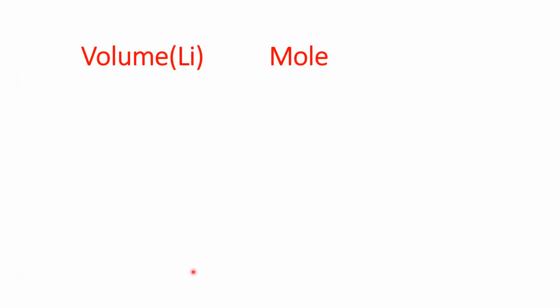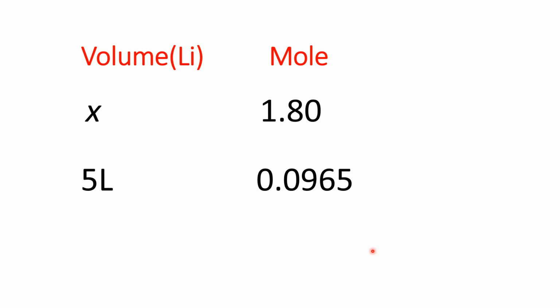So we proceed to setting up the relationship. 5 liters of gas contains 0.0965 moles. Your relationship is between volume and number of moles. Okay, the next is, if the amount of gas is increased to 1.8 mole, what new volume will result?